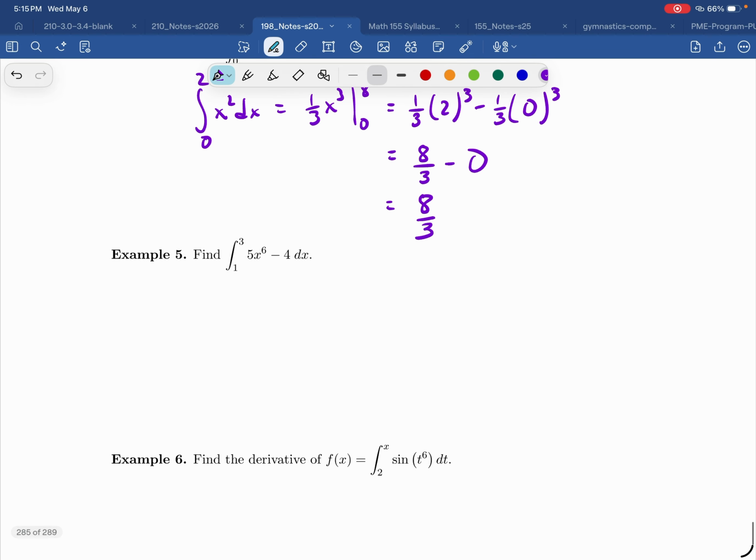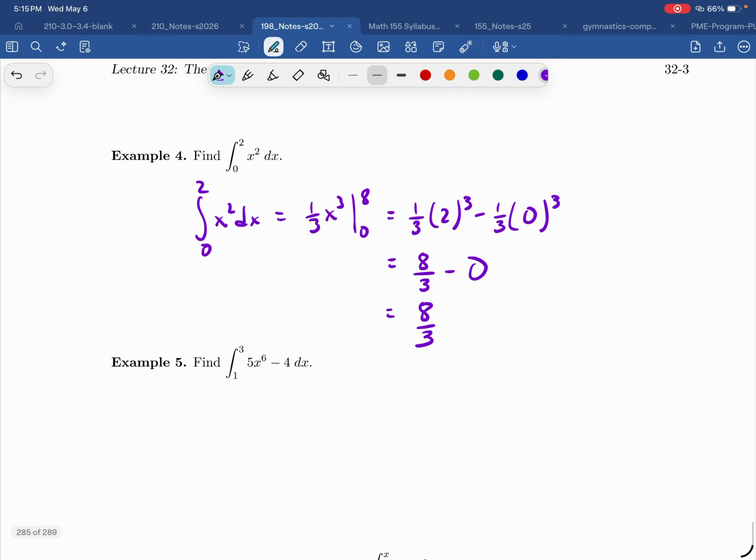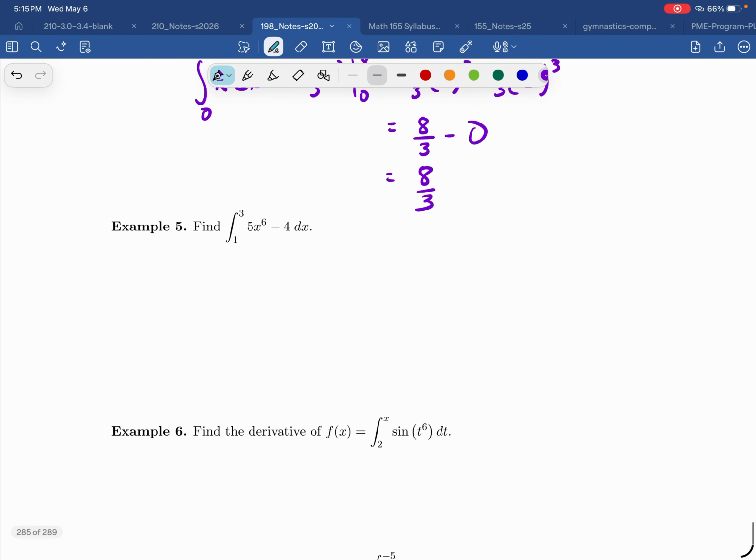Next example, right? And by the way, I hope this shows you how I got that so quickly the other day. Okay? One more example. The integral from 1 to 3 of 5x to the 6th minus 4 is going to equal, well, we know the antiderivative of this, right?